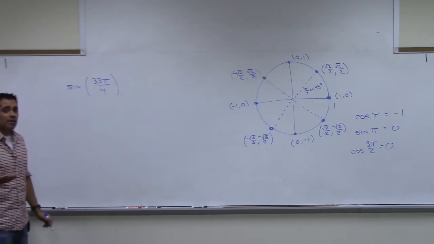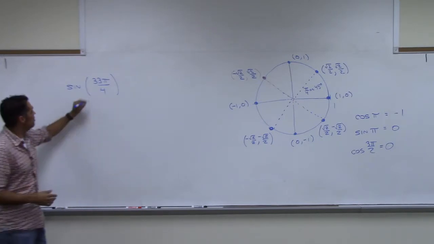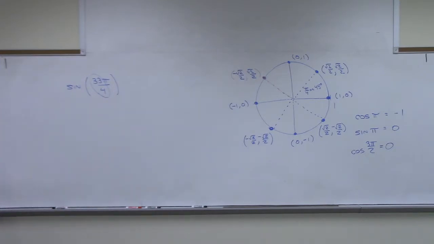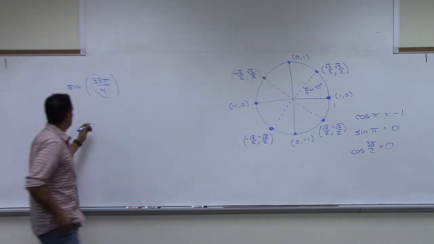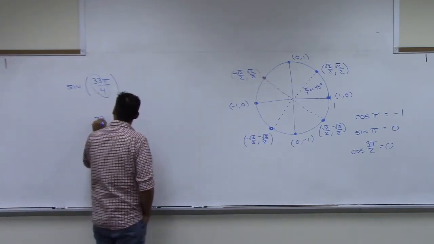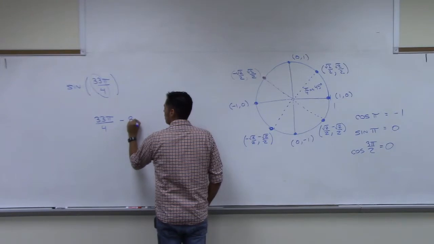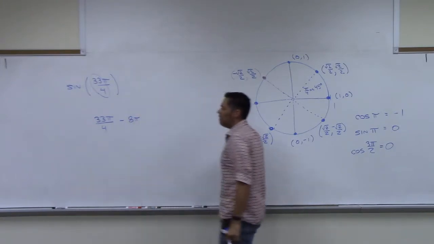Now, the way I showed in class before was I said take 33 and divide it by 4. How many times does 4 go into there? 8 with some change, right? So what we can do is take 33 pi over 4, and subtract from it 8 pi.